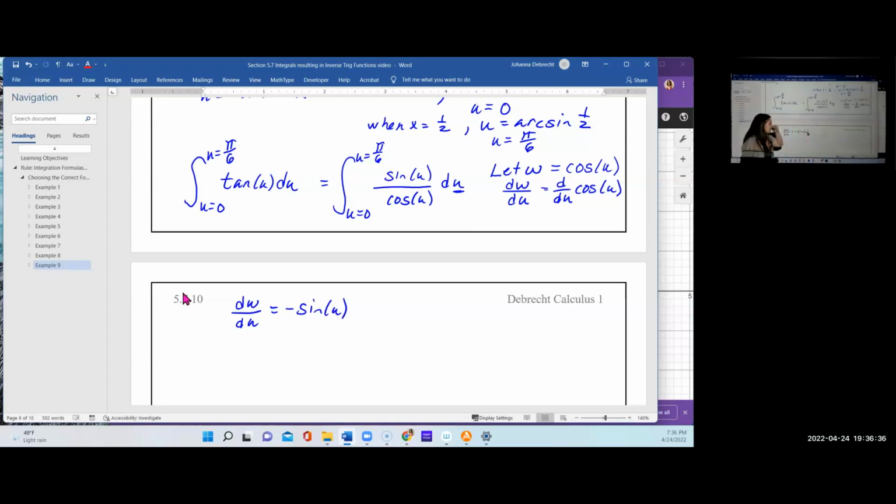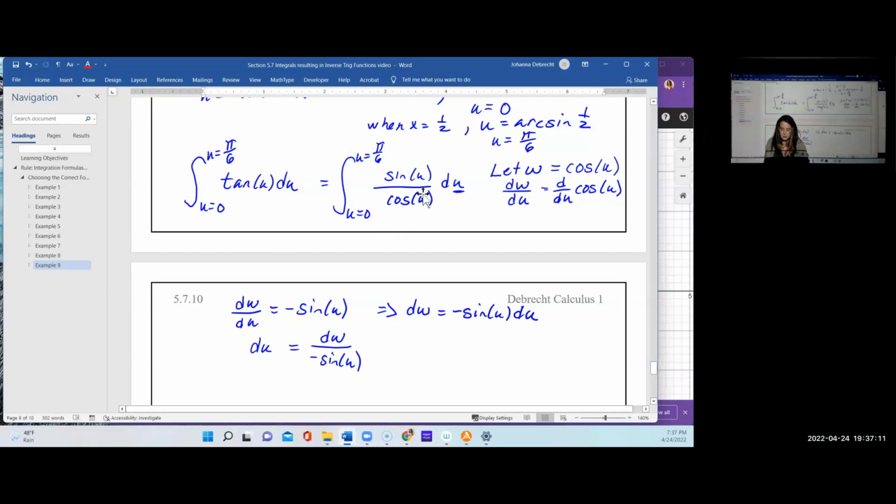Since the derivative of cosine is negative sine, we abuse the notation and move the du to the opposite side. This gives me that d omega is equal to negative sine of u du. Then I can solve for the differential du as I've been doing all night. This gives me d omega divided by negative sine of u. The negative is a floater. It can be written out front or in the numerator or the denominator.